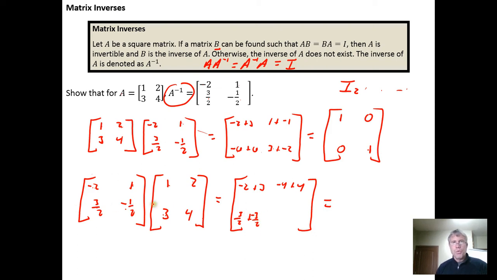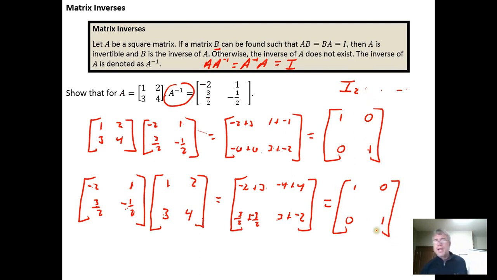And then row 2 dotted with column 2, 3/2 times 2 is 3, plus -1/2 times 4 is -2. Then we simplify. -2 plus 3 is 1, -4 plus 4 is 0, 3/2 plus -3/2 is 0, and 3 minus 2 is 1. And again, we got the 2 by 2 identity matrix.